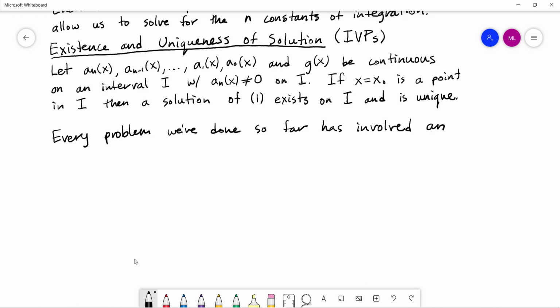And I guess we've done some without any conditions, but every problem with a condition, I should say, that we've done so far has involved an initial condition. That's how we can think about it. And hence is an initial value problem.